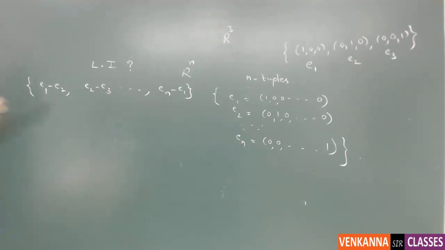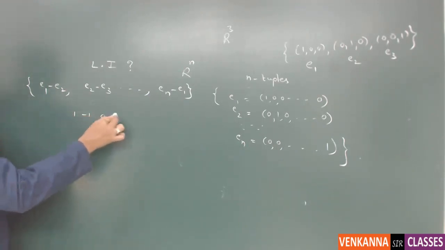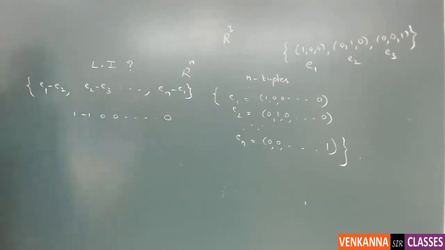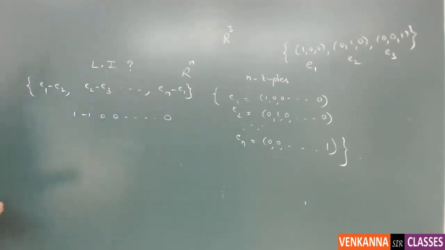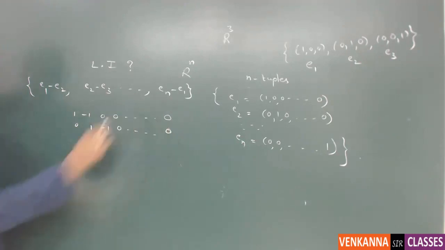So let us write these vectors in the form of a matrix first. So e1 minus e2 is nothing but 1, minus 1, 0, 0, so on, 0. Because I am subtracting, I am doing e1 minus e2. So if you write e2 minus e3, it is nothing but 0, 1, minus 1, 0, so on, 0.